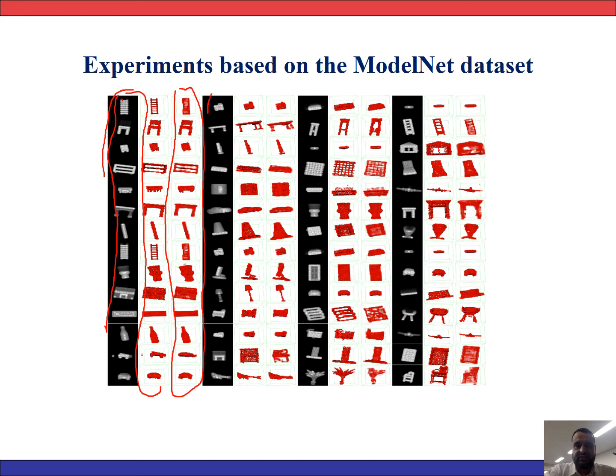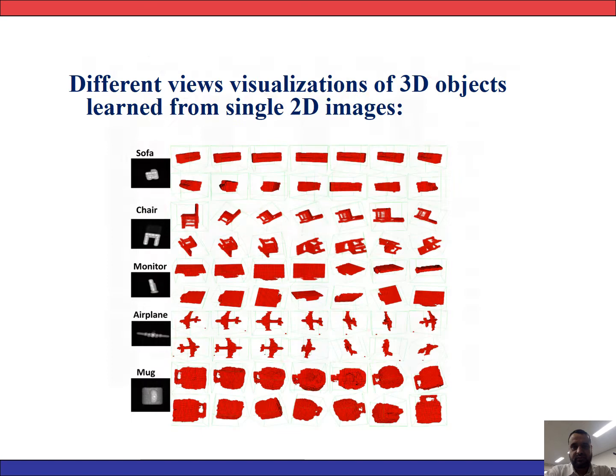Similarly, this column generates this third column 3D representation. This generates these, and these are the corresponding target objects, and these generate these 3D objects.